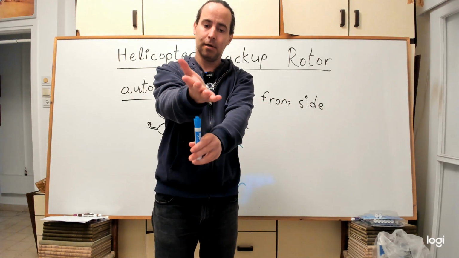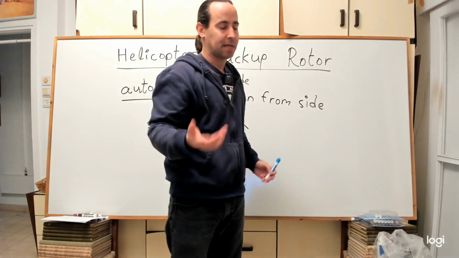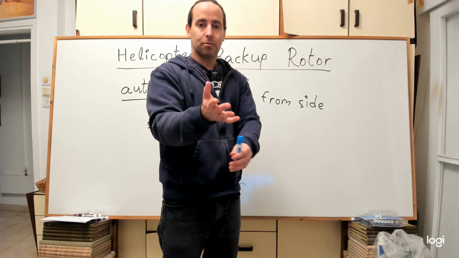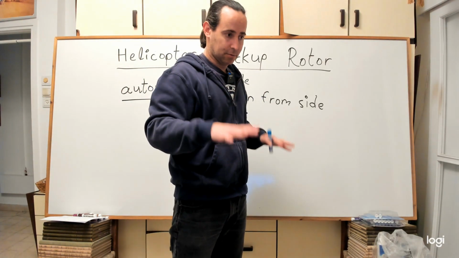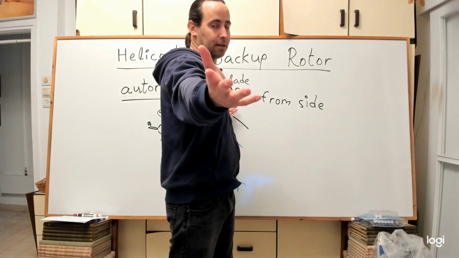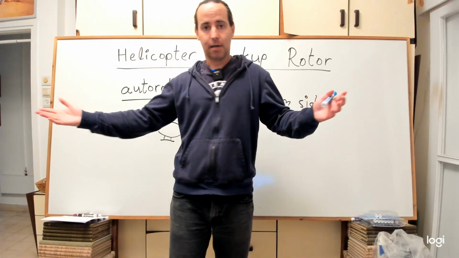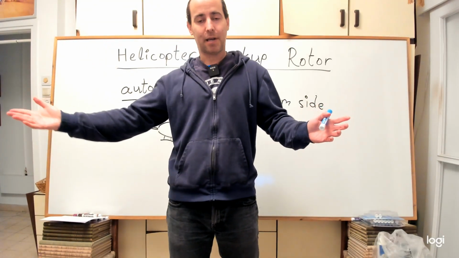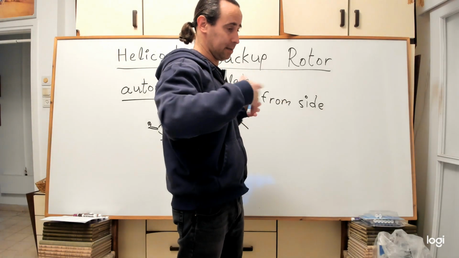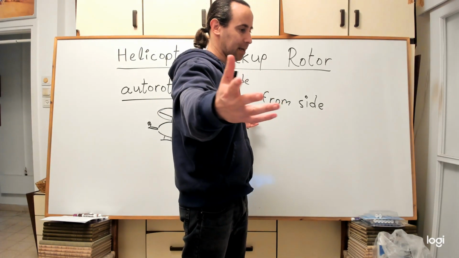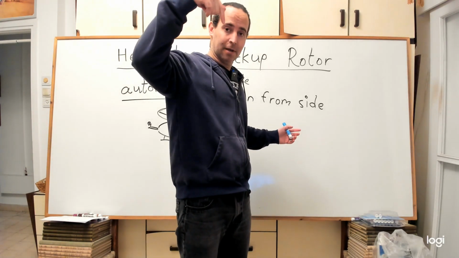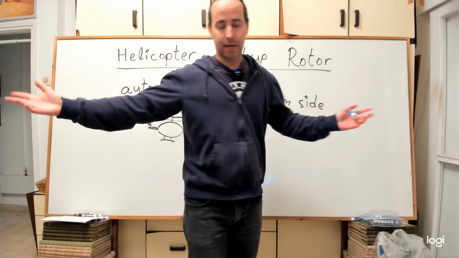I showed this the wrong way. When we want to push it actively to fly the helicopter, the rotor moves like this, not like I've shown. If you look from above, it's clockwise.